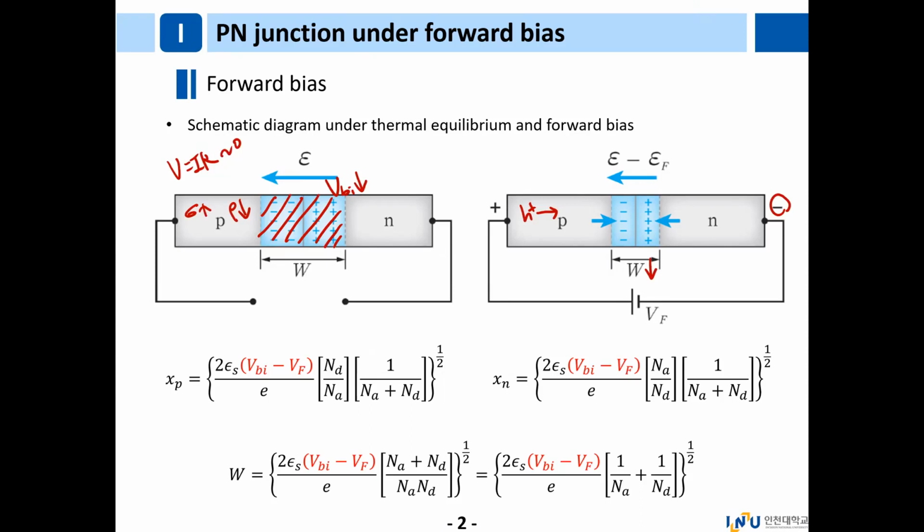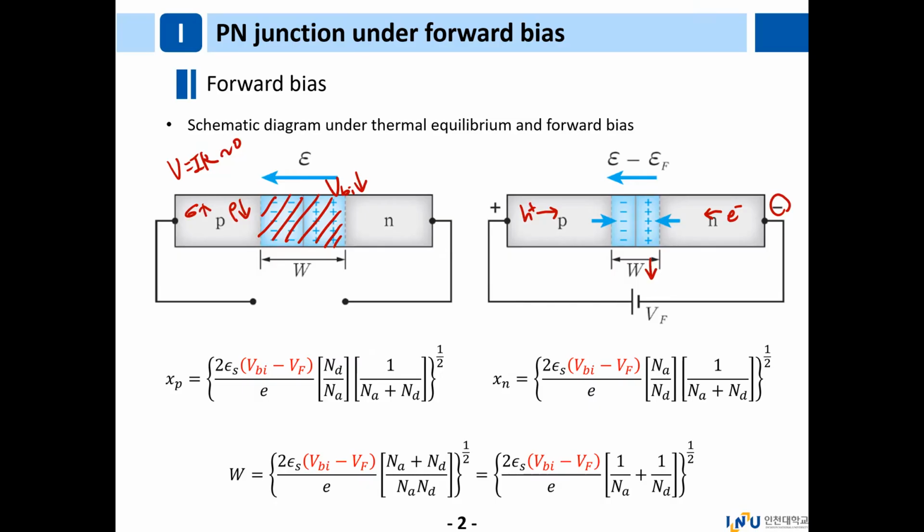At the same time, negative voltage is applied to the N side, so electrons, the majority carrier, move in the minus X direction, and donor ions disappear from space.